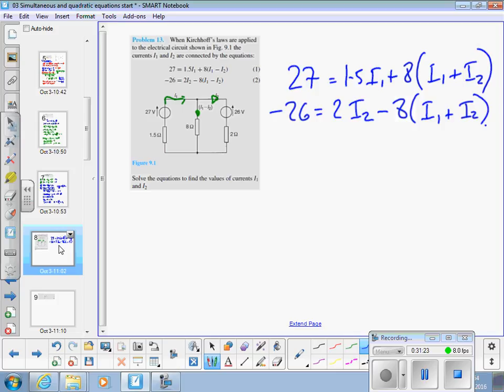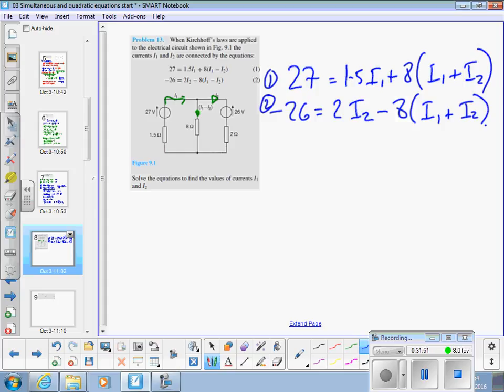What's the first thing we need to do here? Multiply out the brackets. Well, I like to simplify it, then you have easier equations. Equations 1 and 2, by the way. So you're going to multiply out the brackets in both equations?